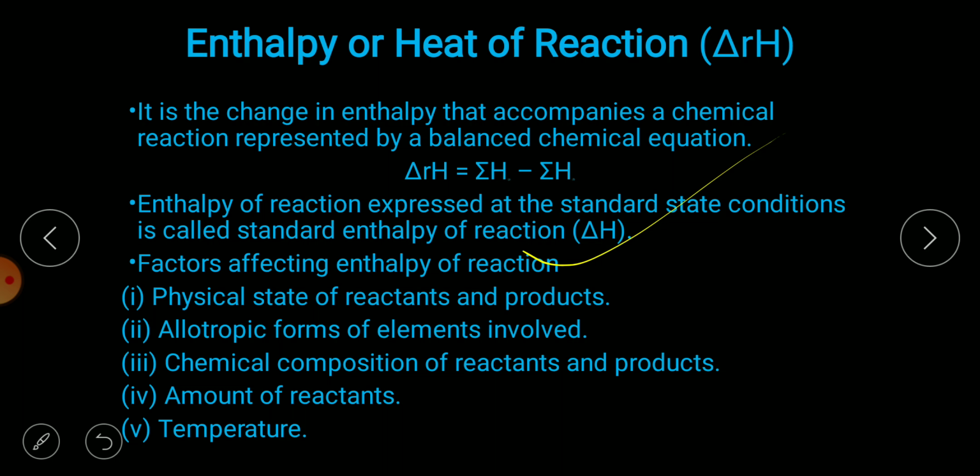Second, we have to see allotropic form of elements. Allotropes, you know what is allotropes? Allotropes have different physical properties and different chemical properties, but are made up of the same type of element. Like if I'm saying the carbon allotropes, the carbon allotropes are like graphite and diamond.